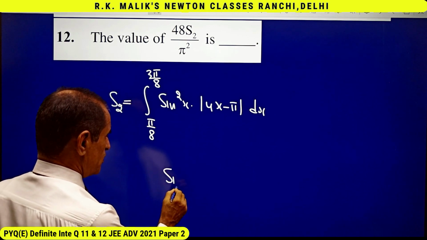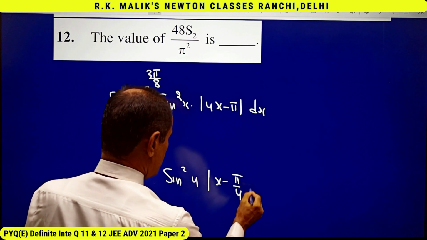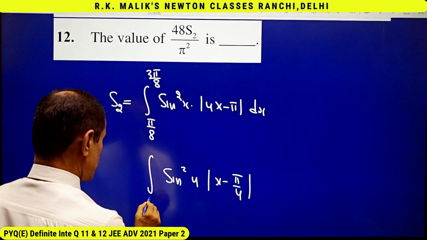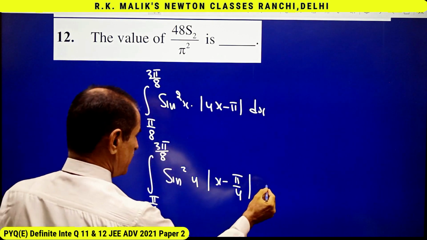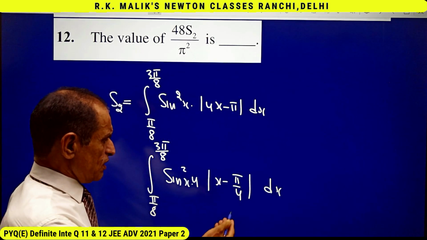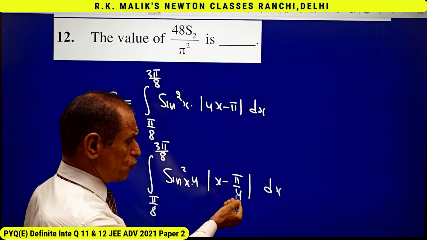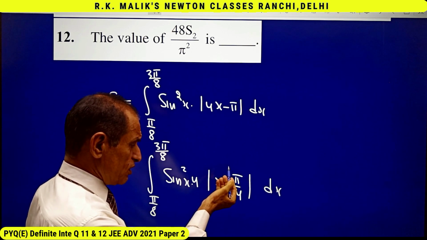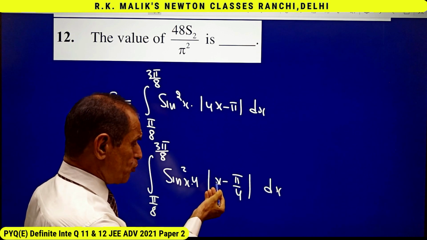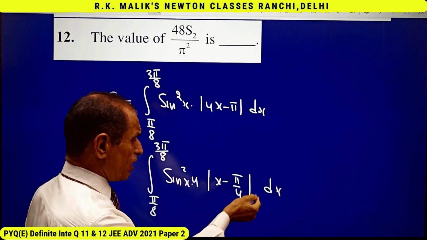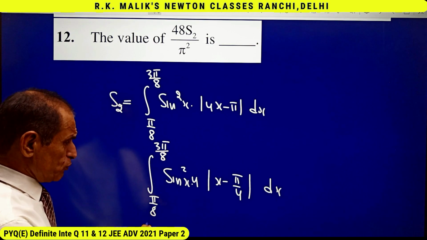The question becomes sin square x into 4 into mod of x minus pi by 4, from pi by 8 to 3 pi by 8, dx. It is known to you that the graph of this is symmetrical about x equal to pi by 4. Therefore, immediately you can say that by writing pi by 2 minus x for x, it will remain unchanged, and the sum of these two is pi by 2.